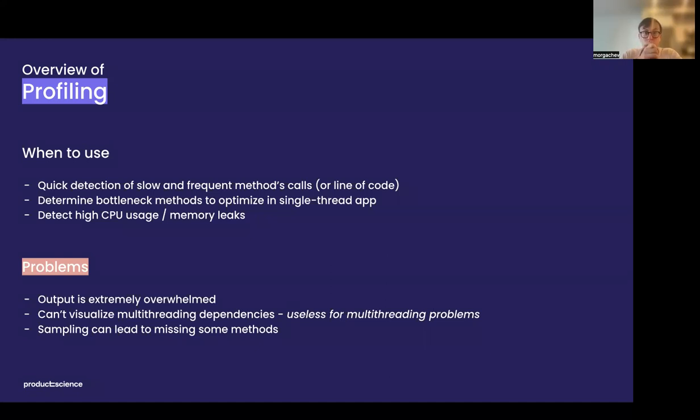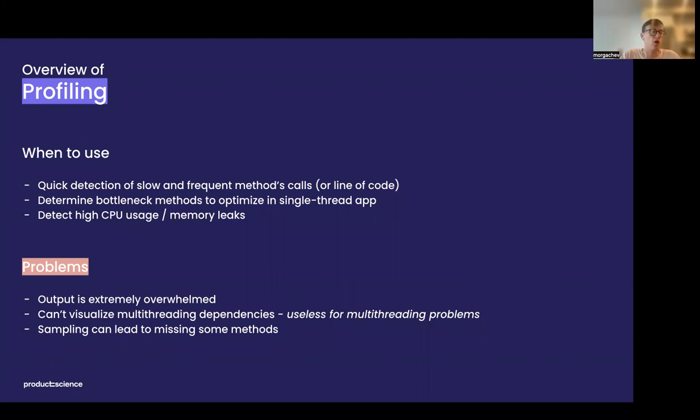So you can see that this line of code is taking 9% of your execution, and it means that with such a tool you can easily determine bottleneck methods in a single-thread application, and such methods should be optimized first.